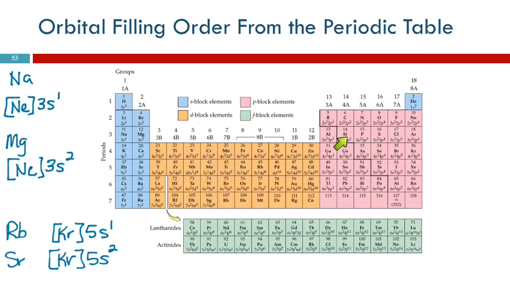So let's look at maybe silicon. What's the noble gas immediately before silicon? Neon. I'll write it down here. Silicon is going to be neon plus, after neon, this is 3s, and there's 2 electrons in there. So 3s2. And then this is the 3p block.